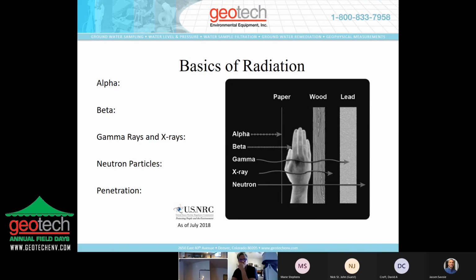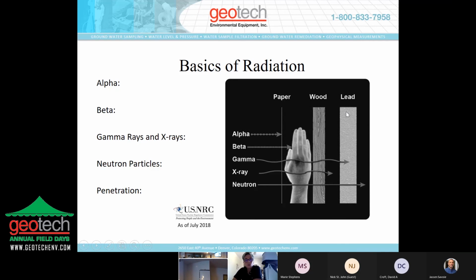Depending on what type of rays we have here, alpha, X-rays, beta, gamma rays, they're going to penetrate at different levels. You've got alpha particles that are stopped by paper. Beta can be stopped by your skin. Gamma rays can penetrate through lead to a degree. You need a certain amount of lead.